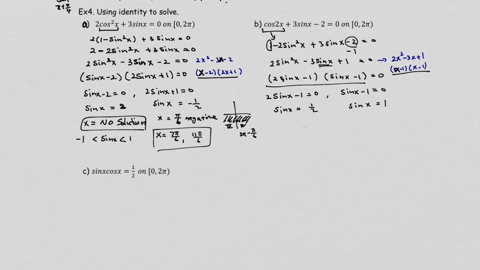This means which angle gives you sine value 1/2, right? Sine is y value. And that's going to be pi over 6 positive. This is positive, right? So that's why it's positive.